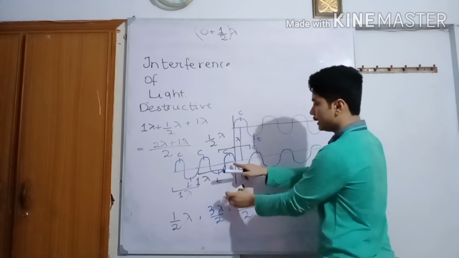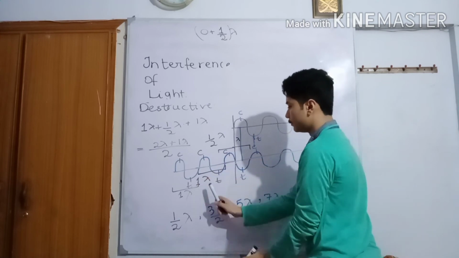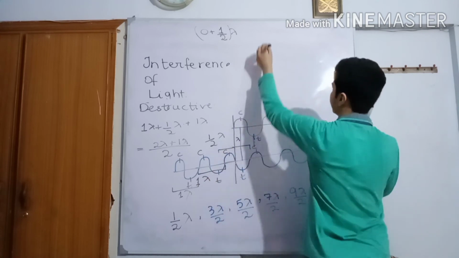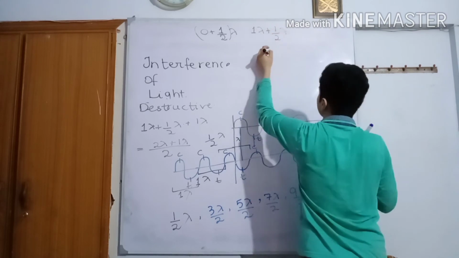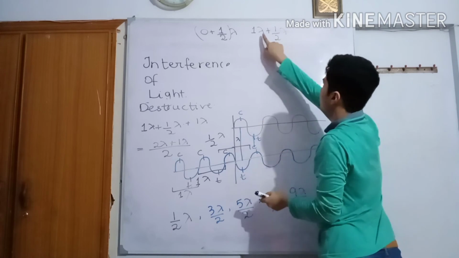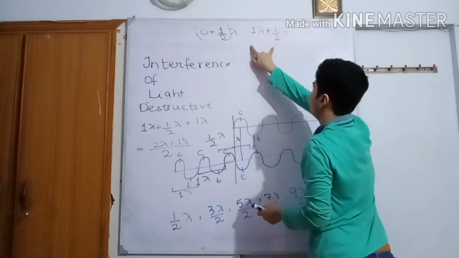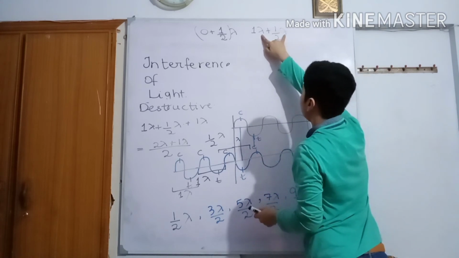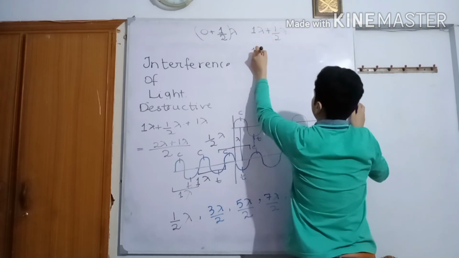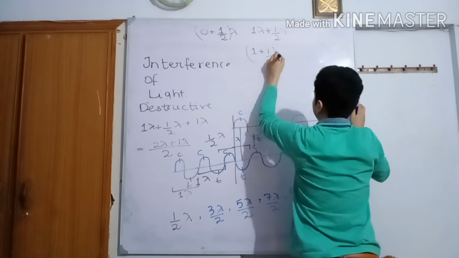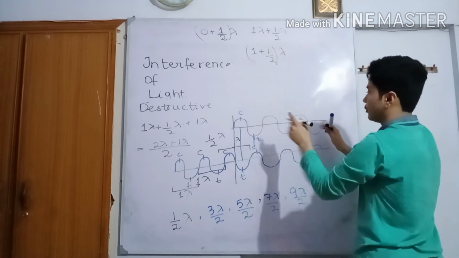Alright, when the path difference was 1 lambda plus half lambda, what was happening? Basically, I took the lambda. There are two factors, both of them having common lambda, so I'm gonna take it out. So 1 plus half, lambda I have taken out as common, so there is another equation.